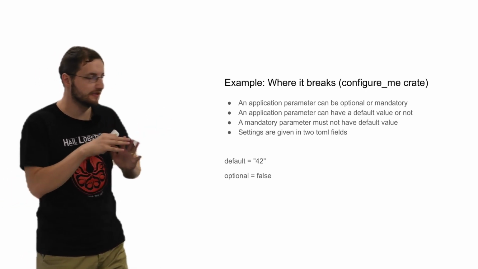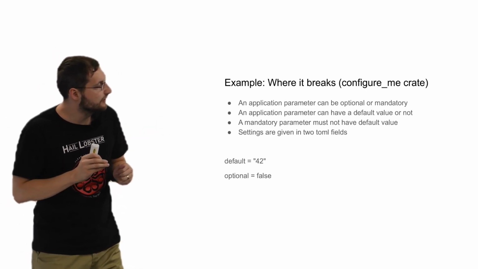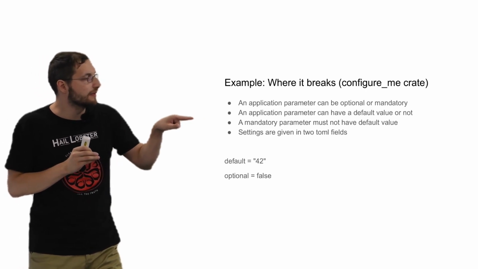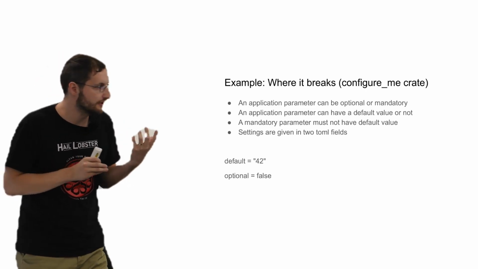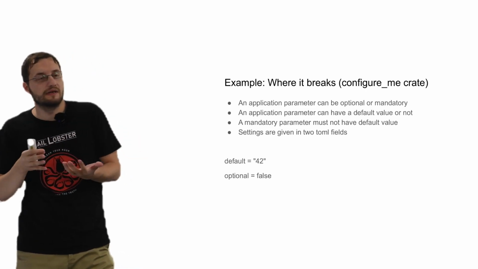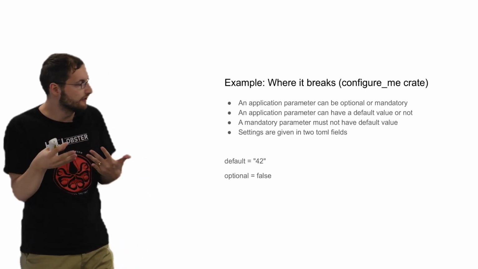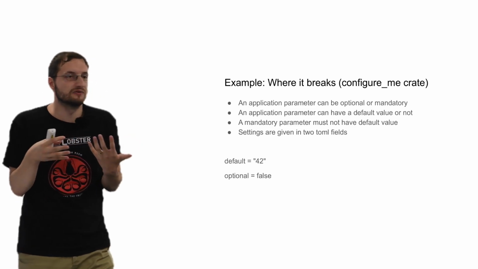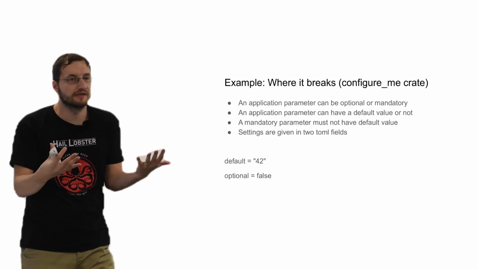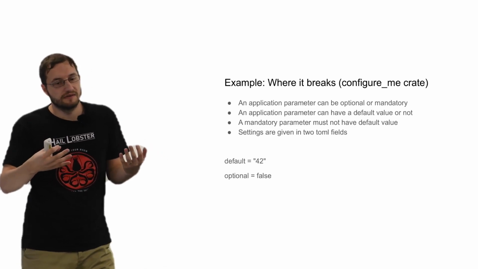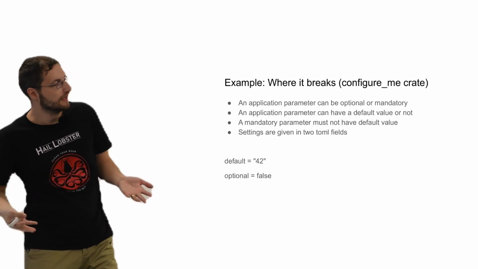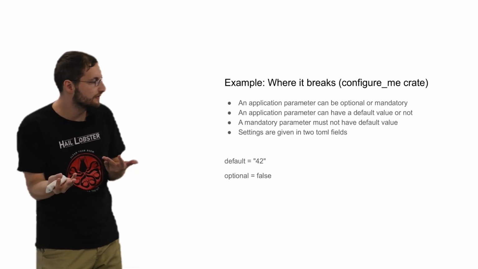That's irrelevant, but basically any value. So there are these rules: an application parameter can be either optional or mandatory, of course. A parameter can also have a default value or not. But it doesn't make sense to make a parameter mandatory and give it a default value, because what's the default value for if you have to specify the parameter anyway? Therefore, we want to rule this out.